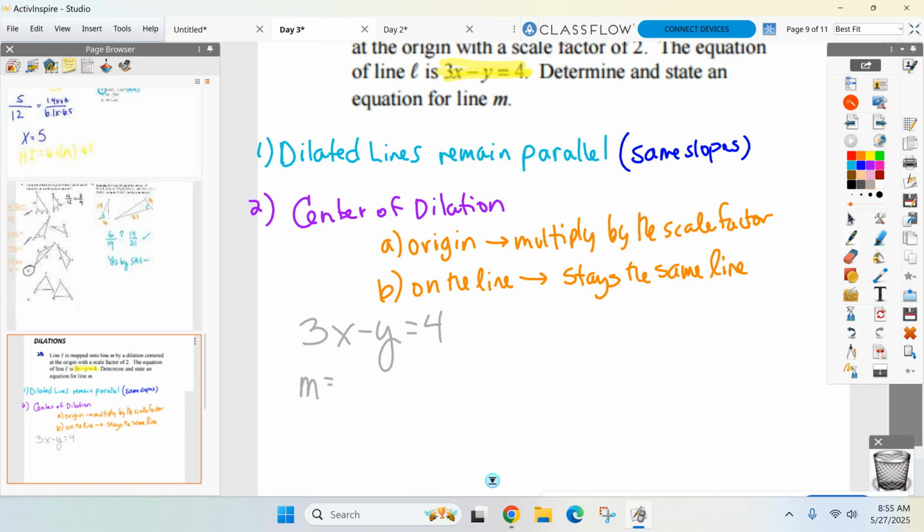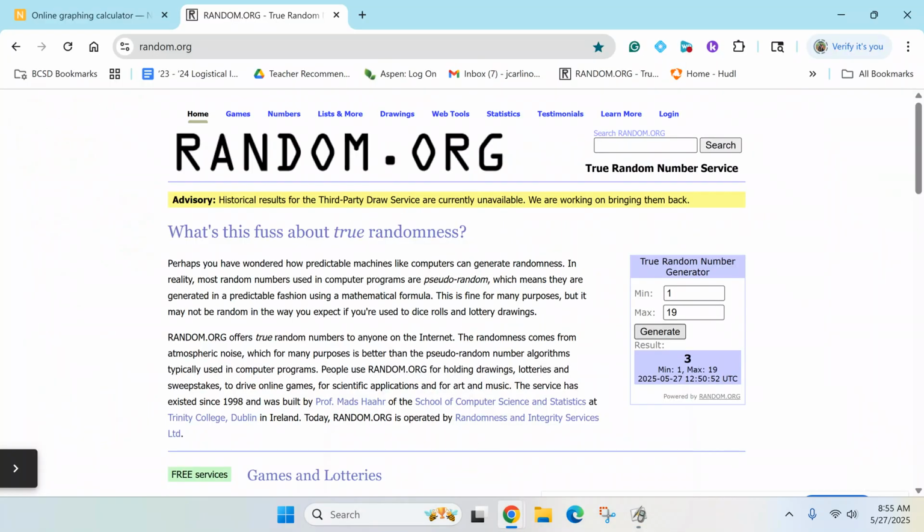What is the slope of this line? When you have it, let me know.